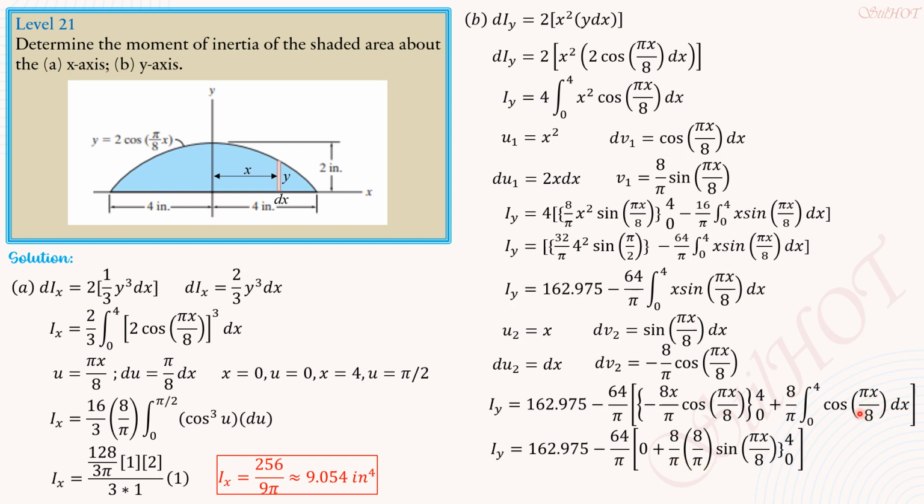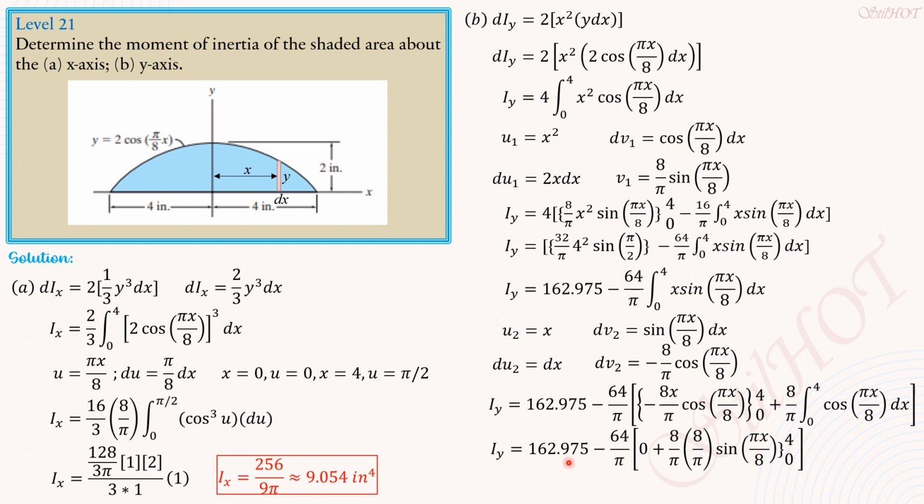Which is 8 over pi sine of pi x over 8 from 0 to 4. So since sine of 4 pi over 8 is sine of pi over 2, this is 1. For the upper limit, it is 64 over pi square. When x is the lower limit 0, sine of 0 is 0, so everything is 0.